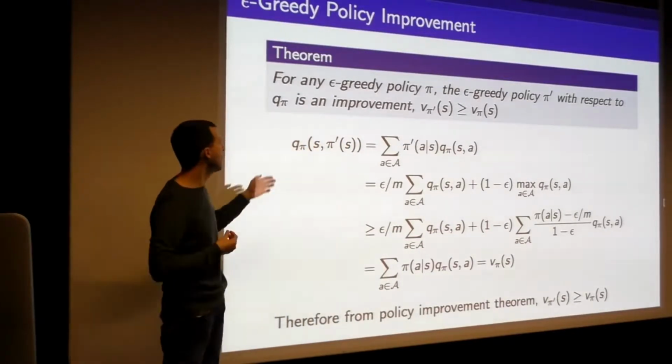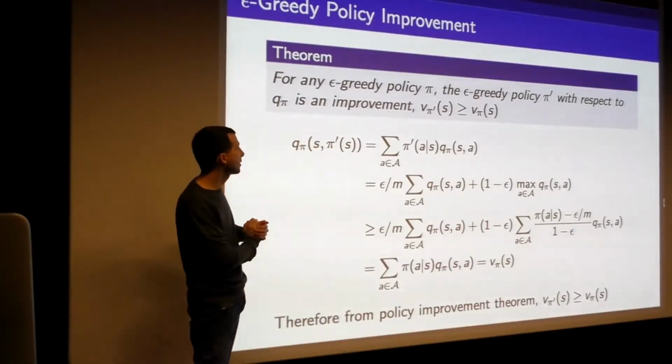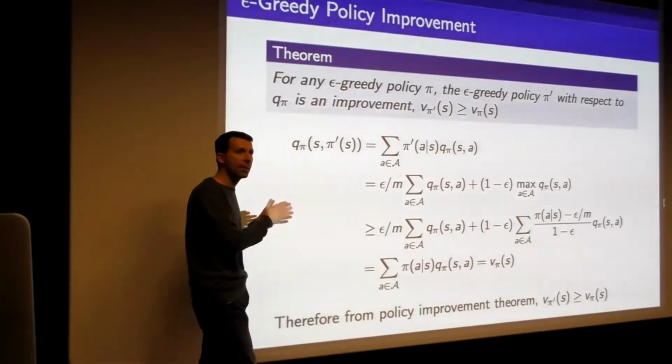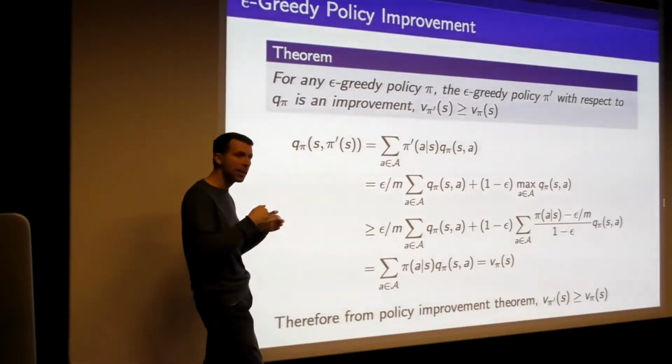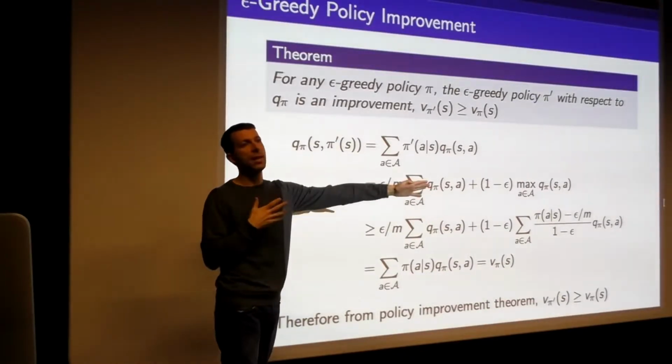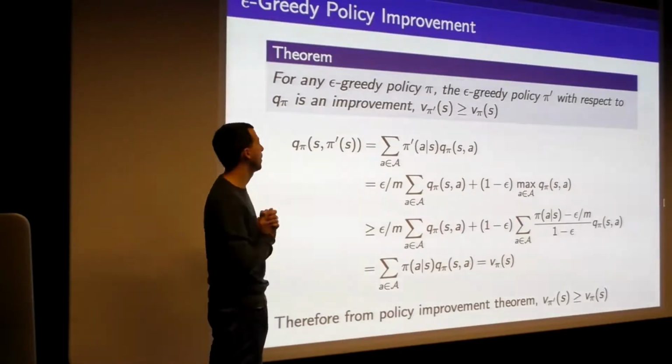So the simple proof here is that we're going to do the same idea we saw in the dynamic programming lecture, where we prove this over one step, and then argue that the whole thing telescopes by unrolling it using the Bellman equation.